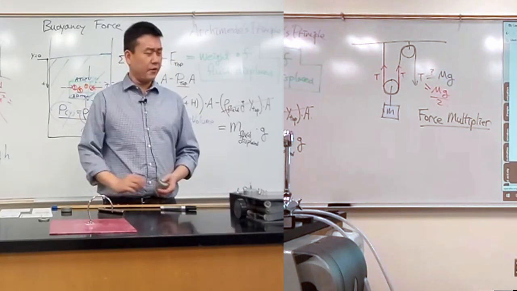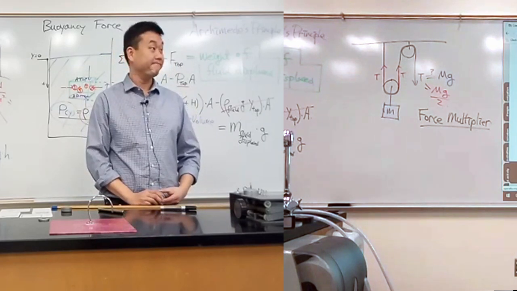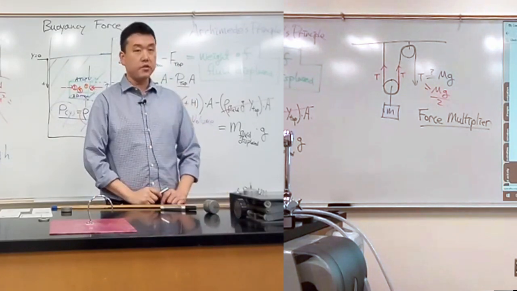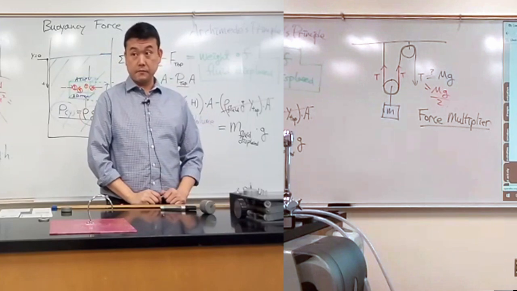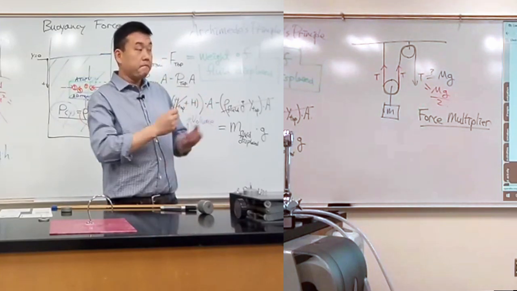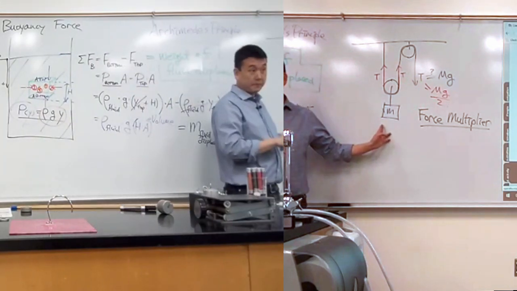What one thing have you learned in this class that you cannot get for free? Yeah, energy. As you are using this simple machine arrangement, energy is going to be conserved. However much work you put in here, the amount of work you get here will be the same.